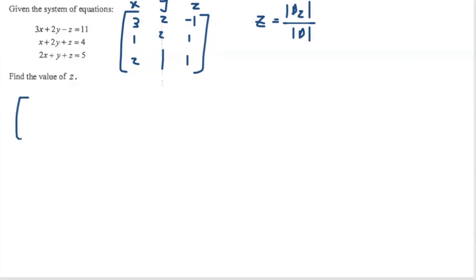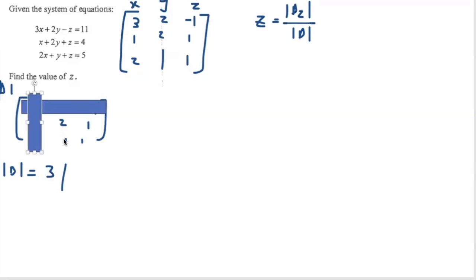First we find the original determinant, so I'm going to find the determinant of this 3 by 3. It is equal to my 3, then we remove the first row and first column, and I have my 2 by 2 matrix, which I'm going to write.